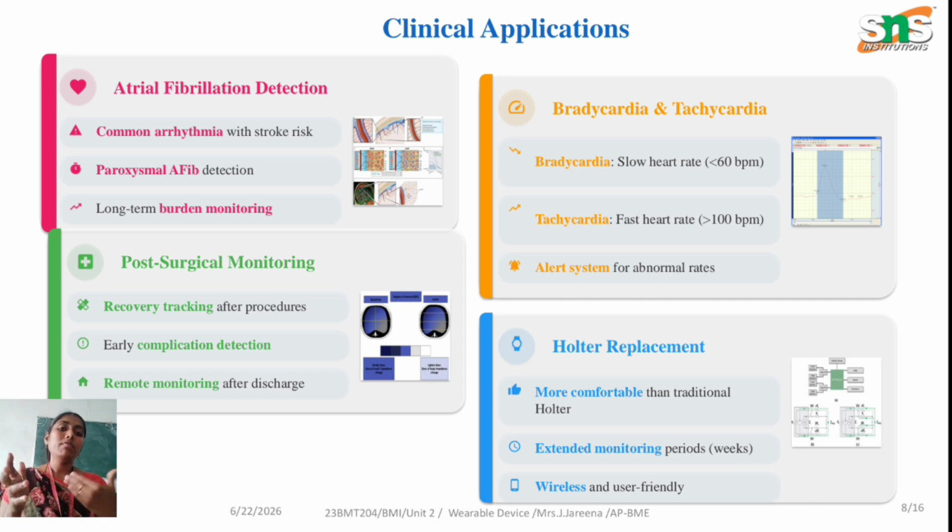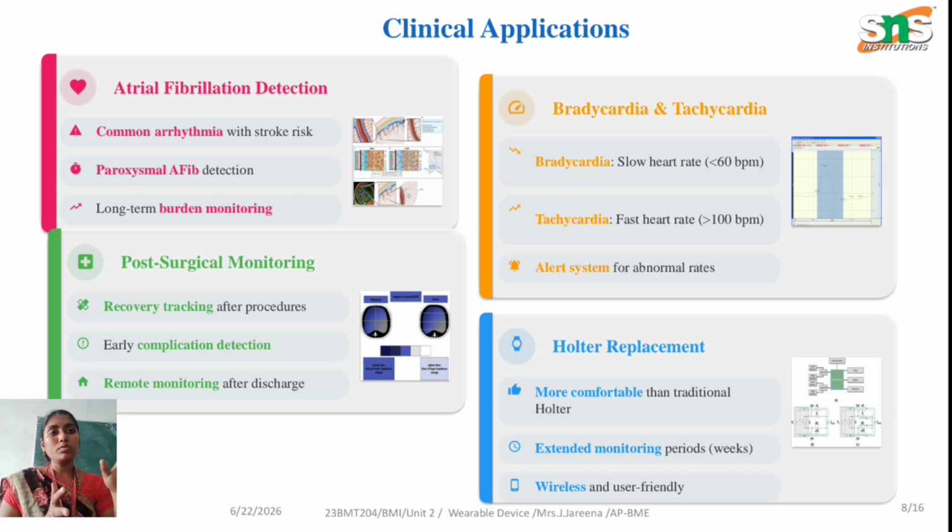That is where you use wearable cardiac monitors, to see whether the patient feels any discomfort after the surgery, or if you can see any abnormal rhythms or any changes in rhythm, and analyze them with the help of wearable cardiac monitors after surgery.